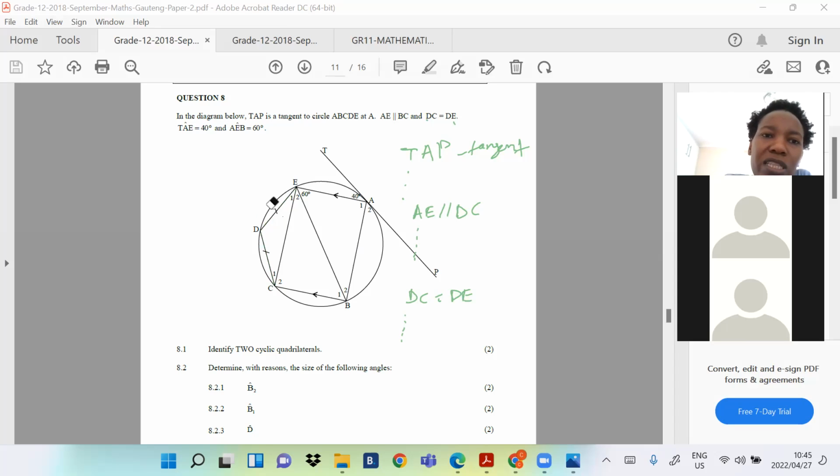Now, let's look at the question. Identify two cyclic quadrilaterals. I said to you, a cyclic quadrilateral is just 4 points; it's a quadrilateral whose 4 points lie on the circle, right? So which quadrilaterals do you see? Kulufela, pick one. Which one do you see? A, B, C, E. A, B, C, D. Okay.